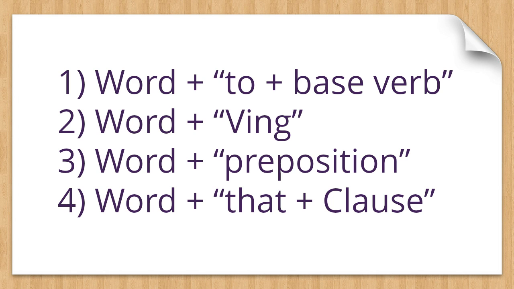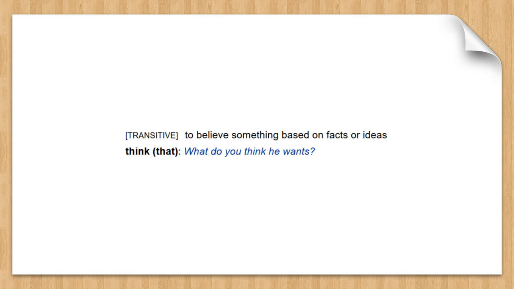One thing I want you to take note of is that each word could have more than one pattern. For example, we just saw that the word think uses a that plus clause pattern. But there's also another entry for another meaning of the word think. Let's take a look at it.